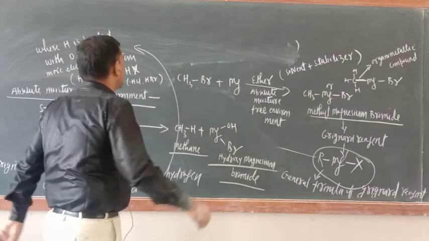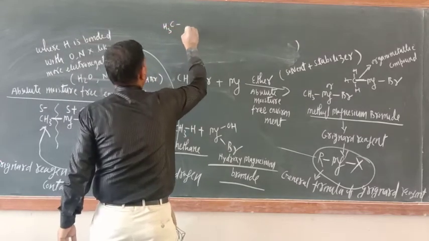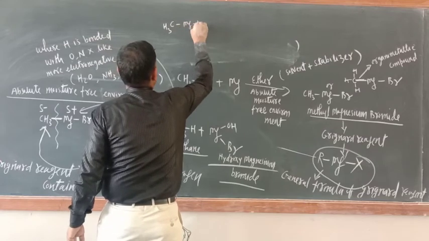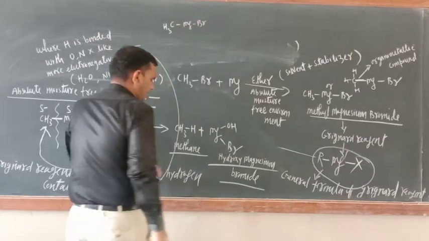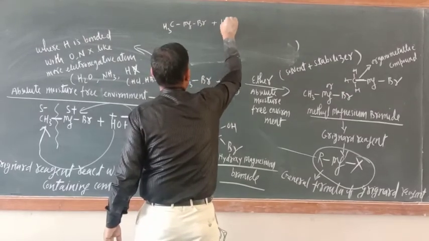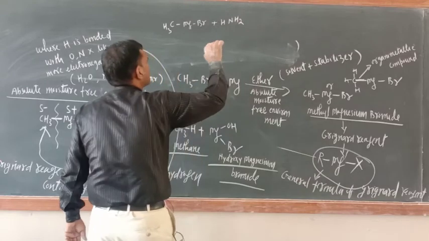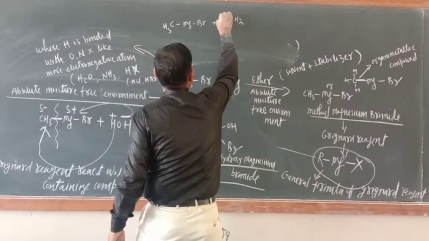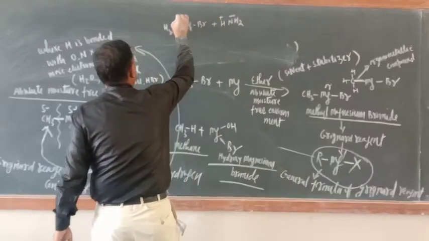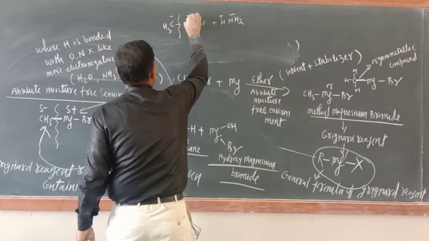You can write the reaction, just see. This is Grignard reagent, CH3MgBr. The water reaction I have just completed. Suppose this reacts with ammonia, which can be written as HNH2. This is the positive part, this is the negative part.